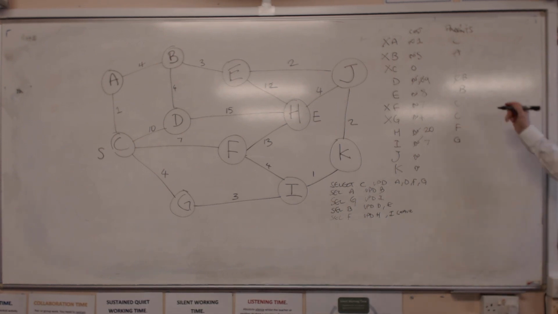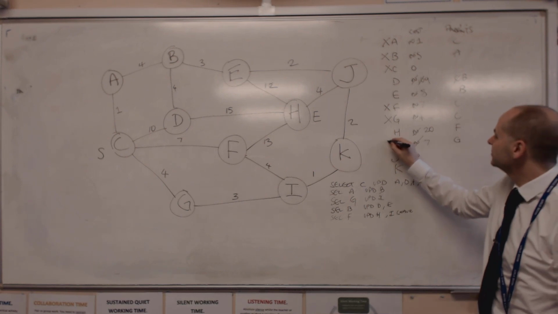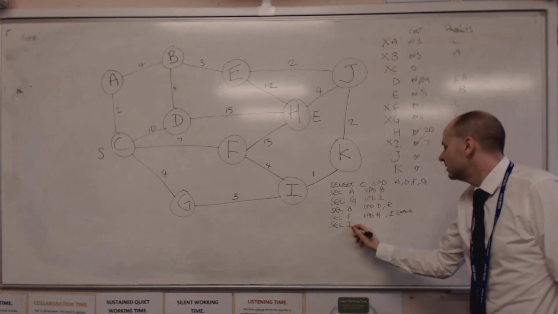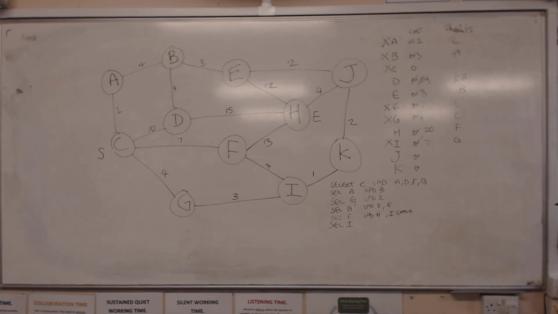Right, go again. So we've got 9, 8, 7 and 20. Right, so we're picking the other 7 now, so I'm going to pick I. Close it. Select I. I has got a neighbour G. G's gone, it's closed, so I'm going to ignore that. It's got a neighbour F. F's closed, we've been there, visited that one.